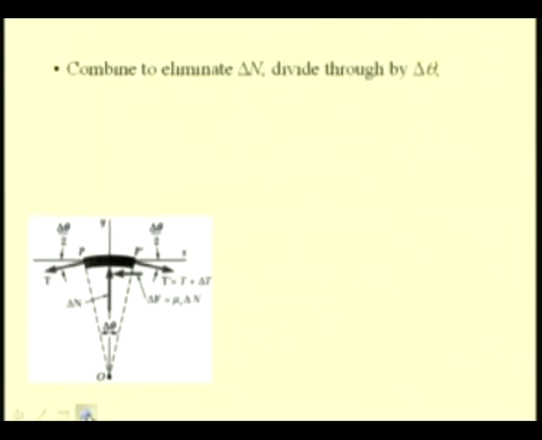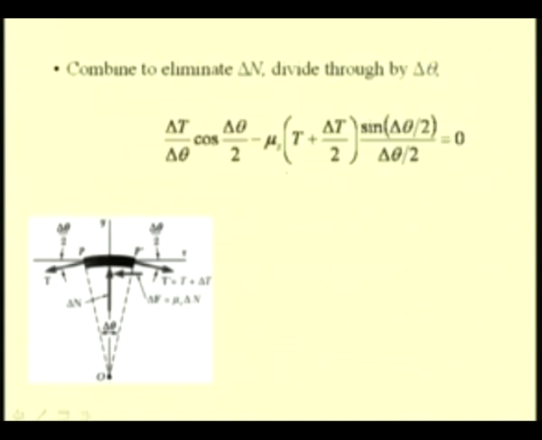Now, let us eliminate this delta N from these equations by dividing throughout by delta theta. So, we get delta T by delta theta cos delta theta by 2 minus mu s times T plus delta T by 2 times sin delta theta by 2 divided by delta theta by 2 equal to 0.